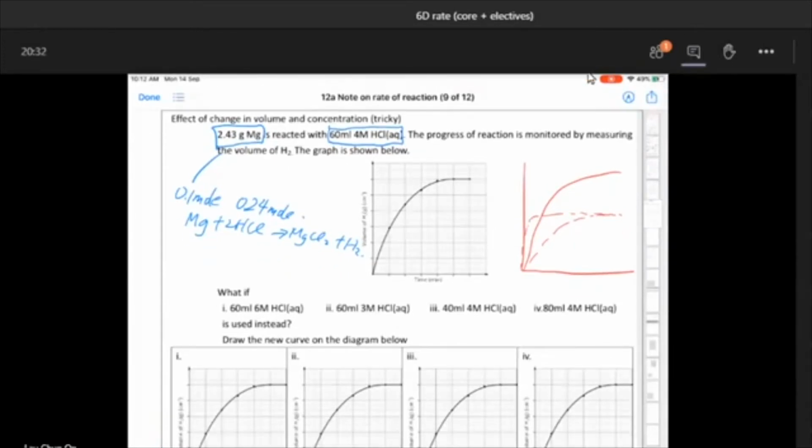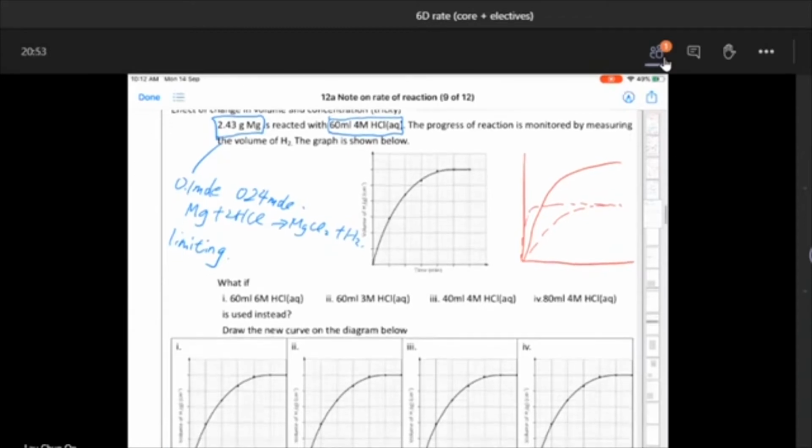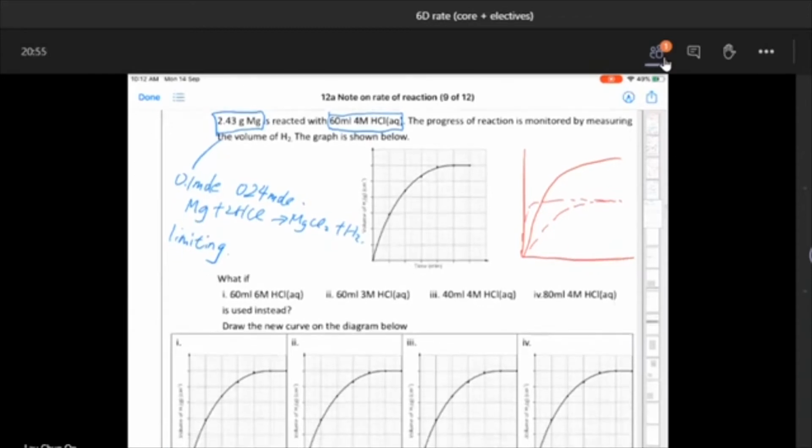Mg is limiting. Someone suggested in the chat box already. 咁就搞掂咗一開始嗰個嘅 scenario 係咩樣啦。And after you did this analysis, then we can move on to the change of the curve of the new condition.